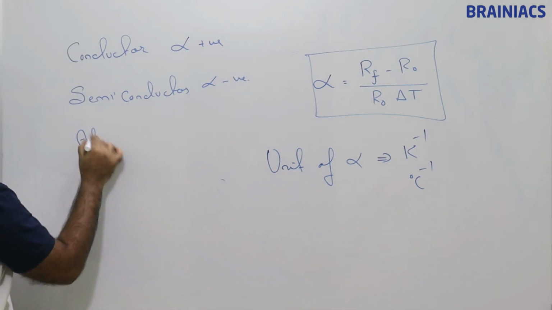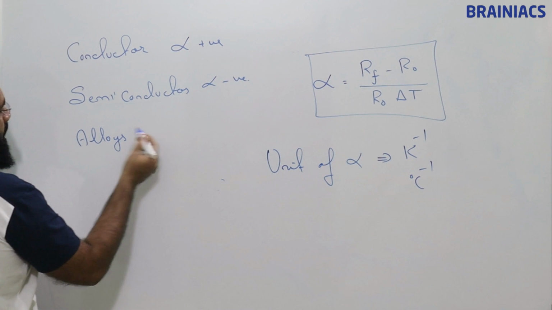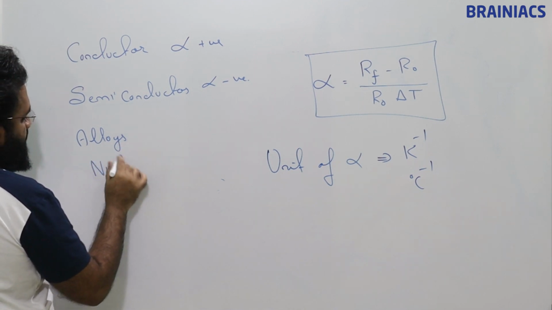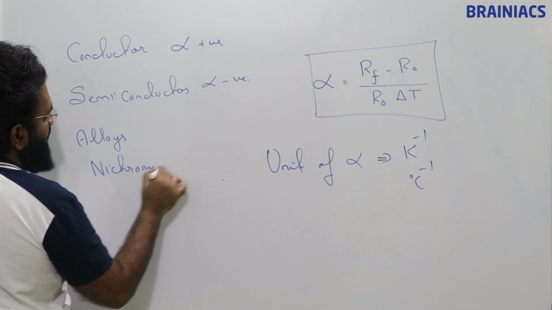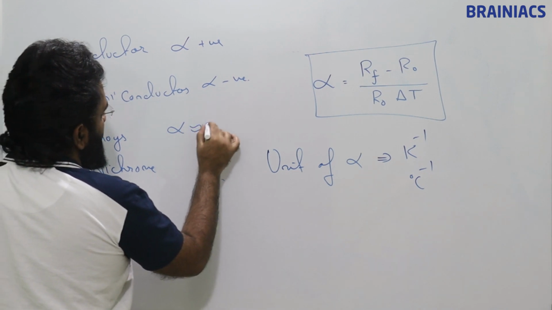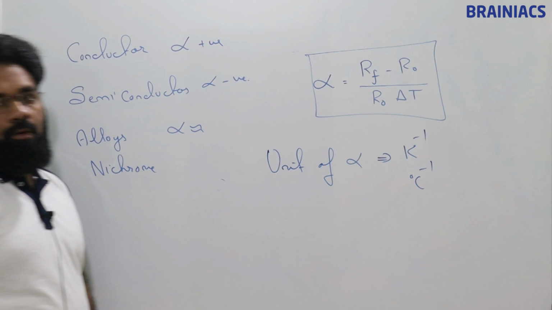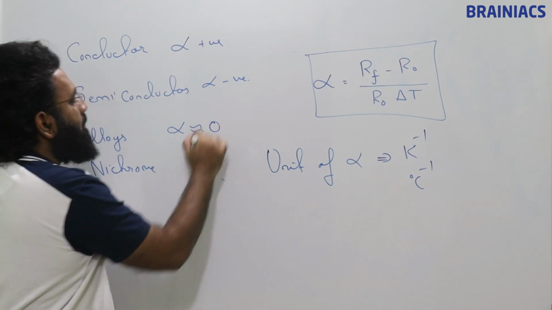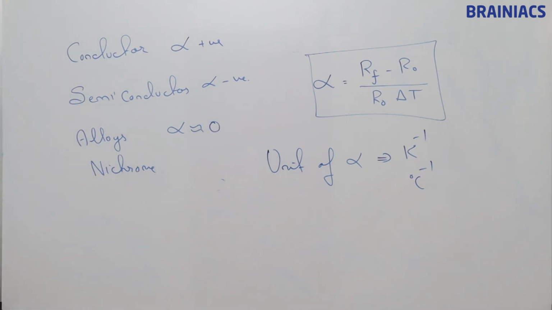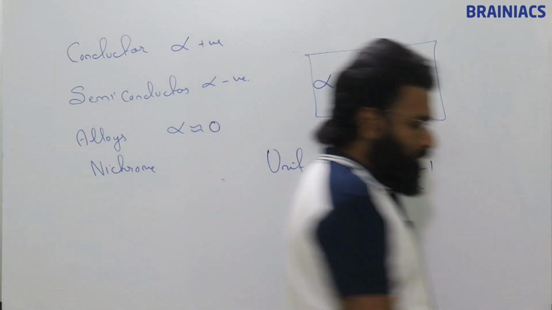And for alloys like nichrome, alpha will be not actually 0 but almost equal to 0. Slight variation will be there, but it is almost equal to 0. We will do some questions on this.